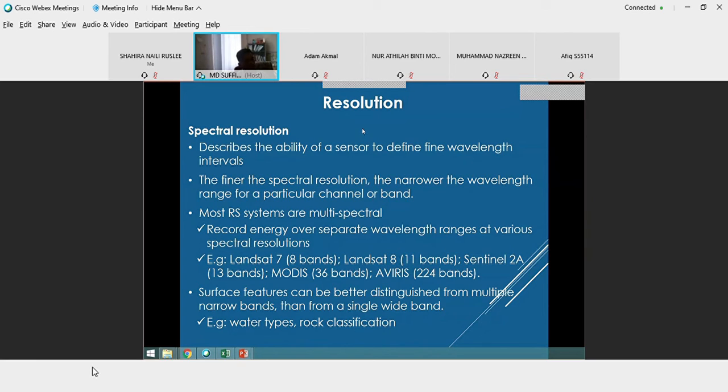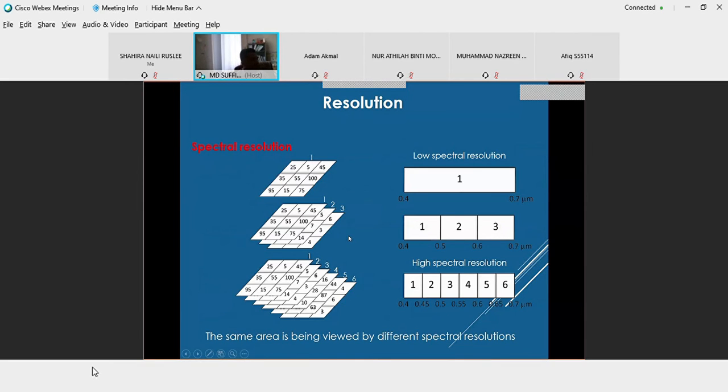Tetapi kalau you ada banyak band, bermaksud bahawa lebih banyak information yang you dapat, tetapi dia memerlukan data storage yang lebih besar. Okay, this one is an example of spectral resolution. If you have a low spectral resolution, for example in visible from 0.4 to 0.7 micrometer, you only get one information for a very broad wavelength.